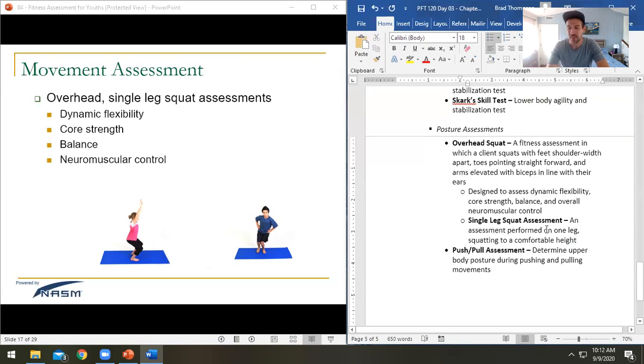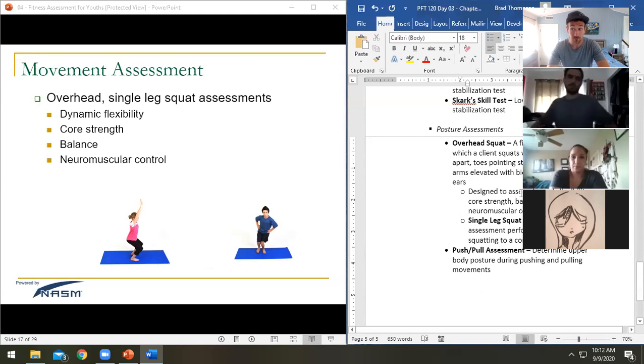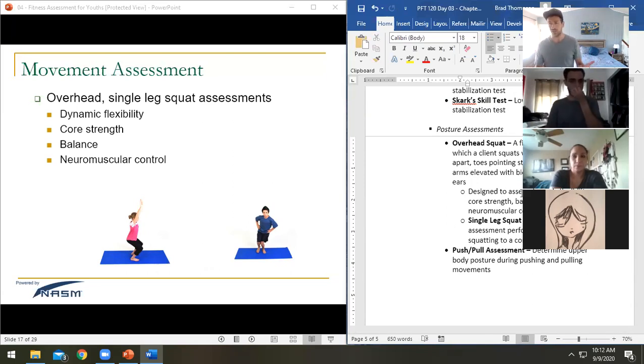So that is performed on one leg, squatting to a comfortable height. That hip hike stuff, by the way, you guys are going to learn that with Mo. In your regular textbook, the single leg squat, you only look at one thing, which is kind of a bummer. You're just looking to see if the knee caves in. And if it does, it means the same thing as the knees caving in during the overhead squat.